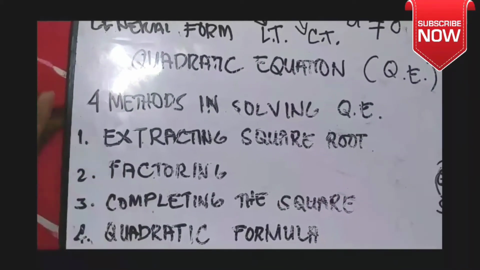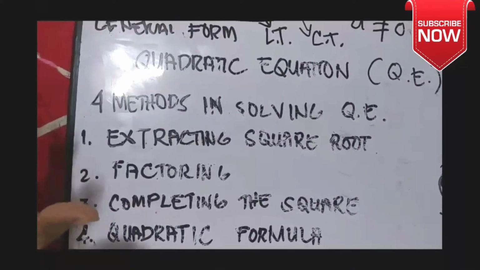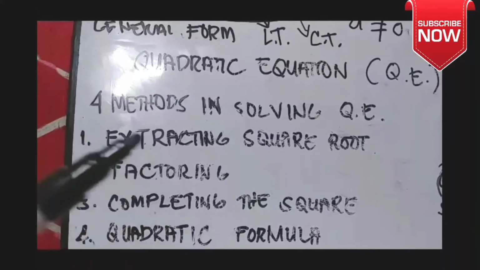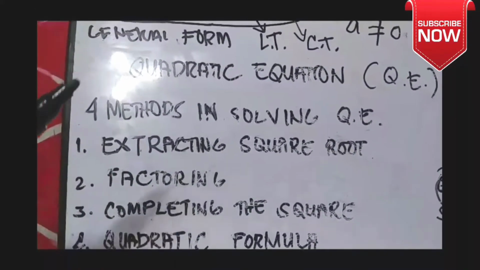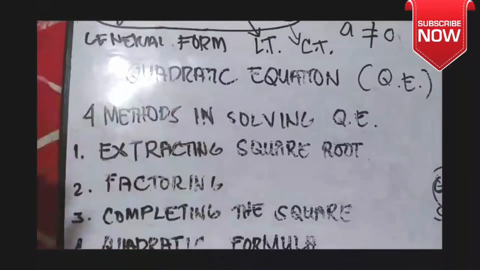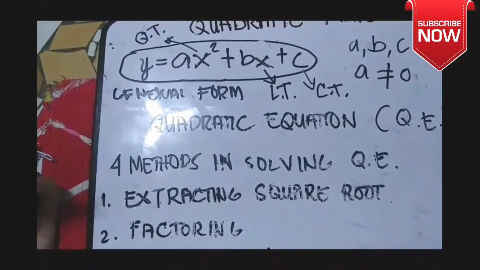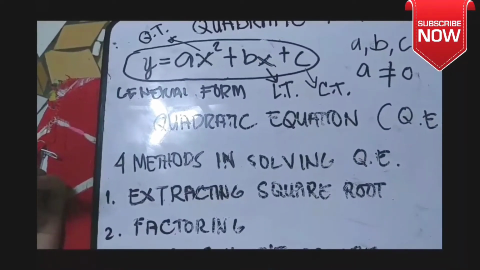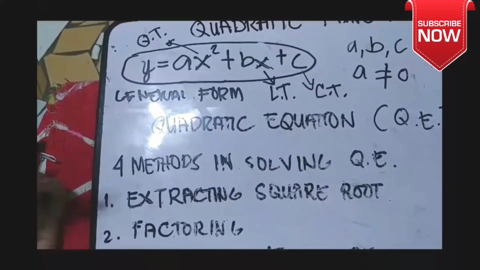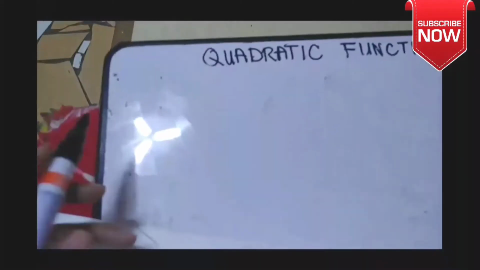At aalamin natin kung which of them yung pinaka-efficient na gamitin natin sa pag-solve ng quadratic equation. Siguro magbibigay muna tayo ng sample ng isang quadratic equation, tapos isa-solve natin gamit yung apat na to.